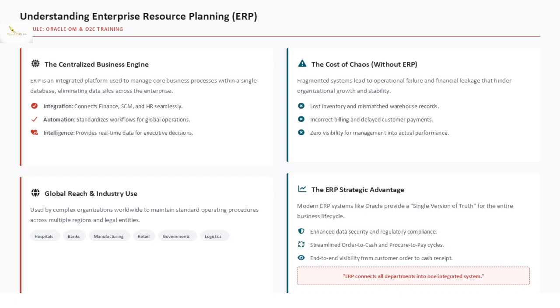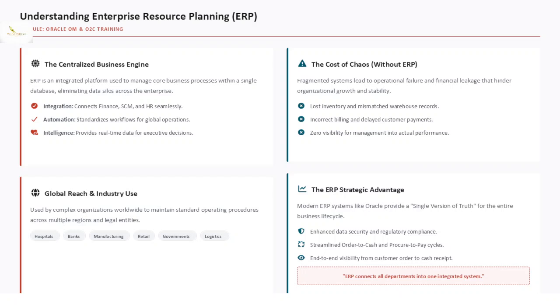Finance will use one software, inventory another, procurement another, shipping also will use another. What happens? Data becomes inconsistent, inventory gets lost, invoices become incorrect, and management loses visibility. And that's exactly why ERP systems exist.